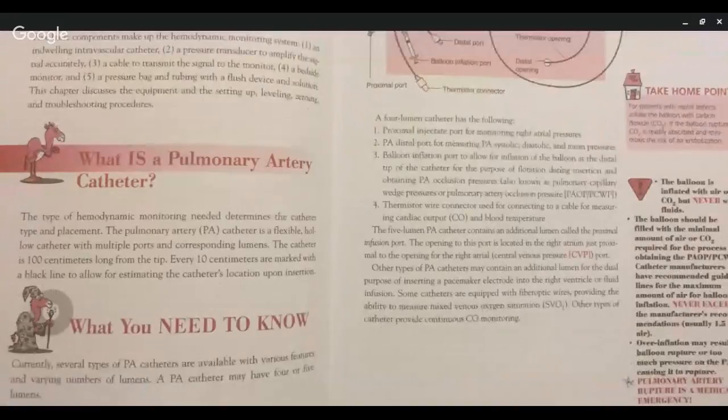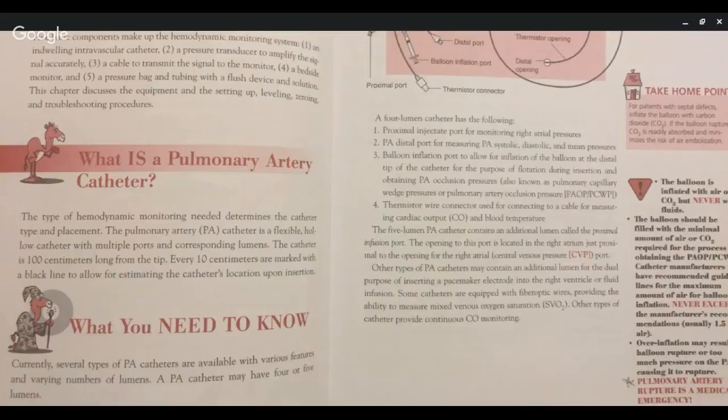A 4-lumen catheter has the following: one, a proximal injectate port for monitoring right atrial pressures. Two, a pulmonary arterial distal port for measuring pulmonary artery systolic, diastolic, and mean pressures.